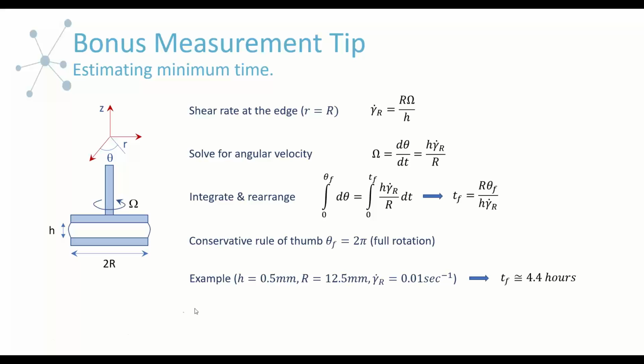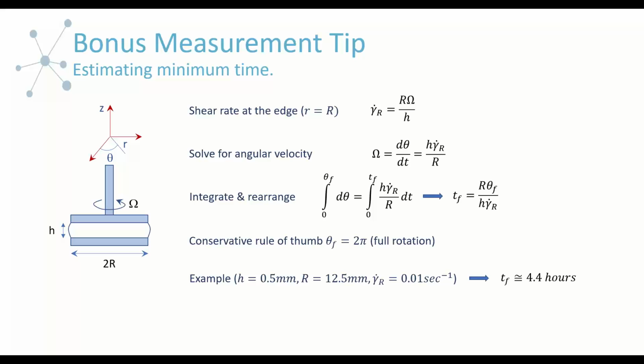If you take some common dimensions, a fluid depth between the plates of about 0.5 millimeters, a plate radius of about 12.5 millimeters, and a low shear rate value of about 0.01 reciprocal seconds, a full tool rotation is going to take on the order of 4 hours.